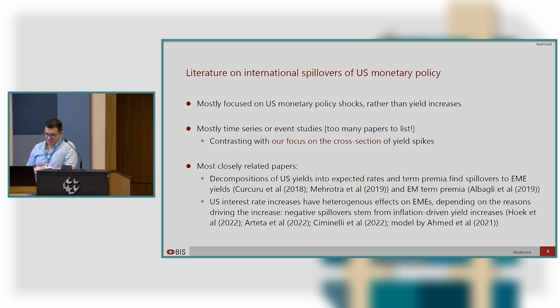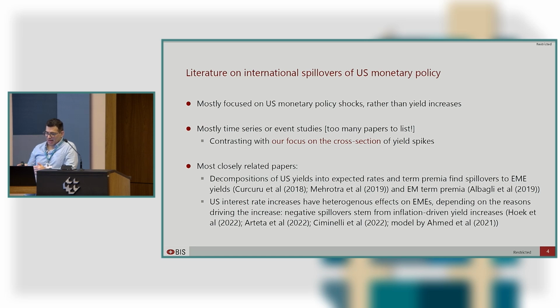There are, of course, many papers to cite. The key papers that are related to the work we do are listed here. And in particular, the decomposition of US yields into expected rates and term premium from Kolacz et al. and Mehrotra, which find that there are indeed spillovers of both expected rates and term premia into emerging market yields.